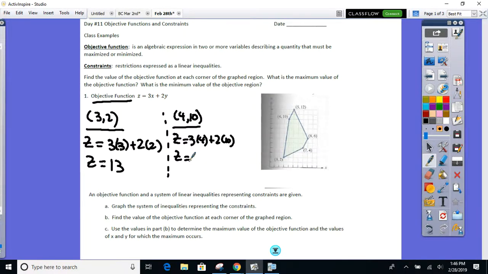What's the value of z now? It's going to be fun today, I can tell. 32. You're on your own for the other 3 points. Go ahead. And then at the end, we'll discuss what's my max value, what's my minimum value in this shaded region.